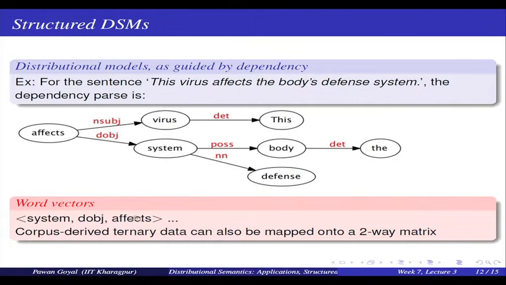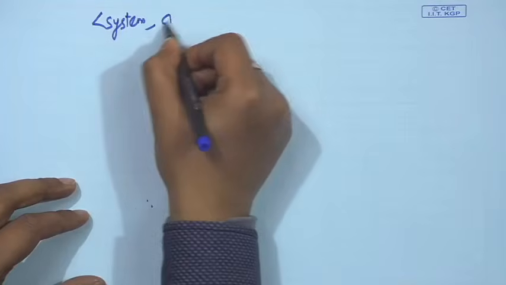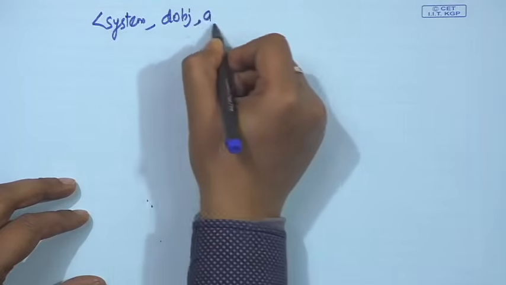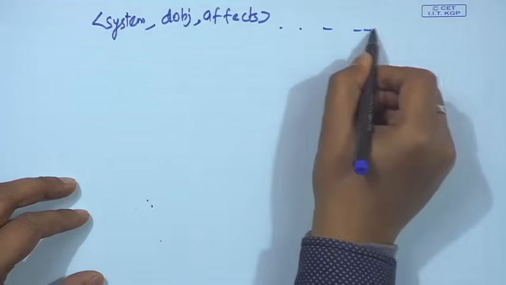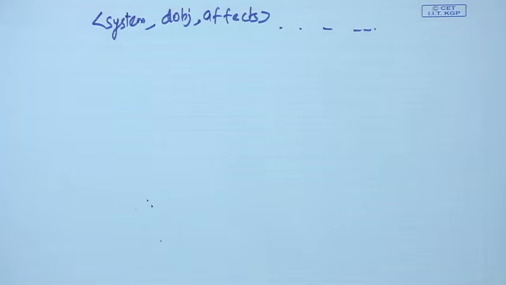So I will have things like system, direct object, affect, and so on. Now how do I use those for my structured model? We will have words like system, dobj, and affects, and I'll have many such tuples.